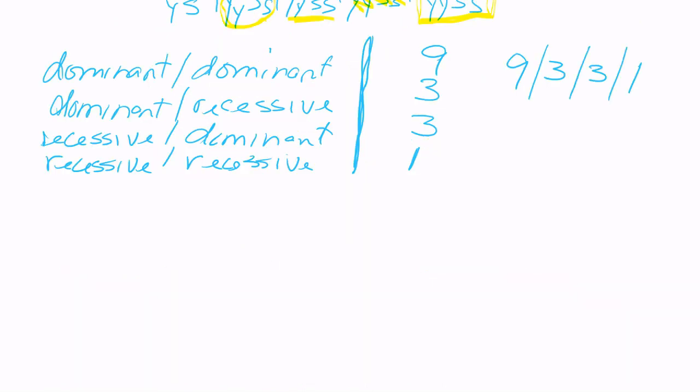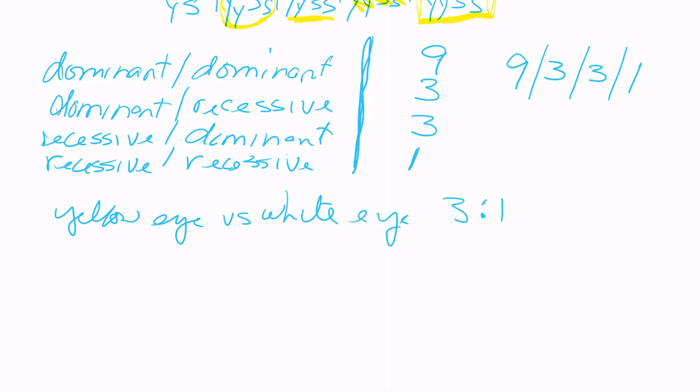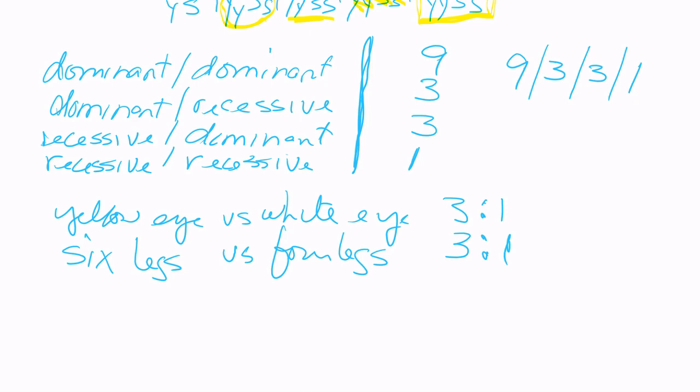Perhaps a little fun fact here, if we looked at the yellow eye versus the white eye, we would have a 3-to-1 ratio. If we looked at the 6 legs versus the 4 legs, we'd end up with a 3-to-1 ratio.